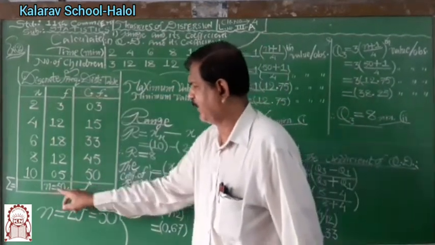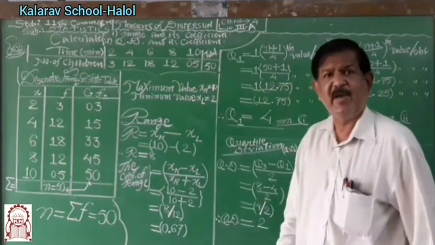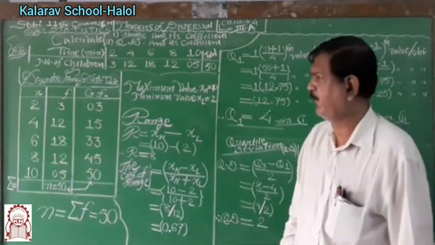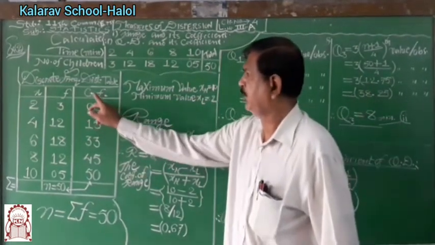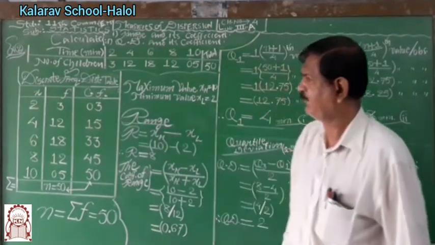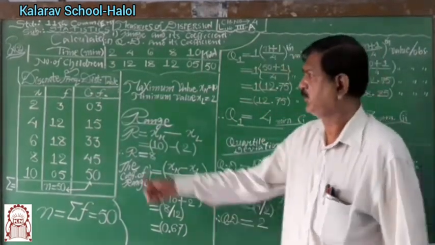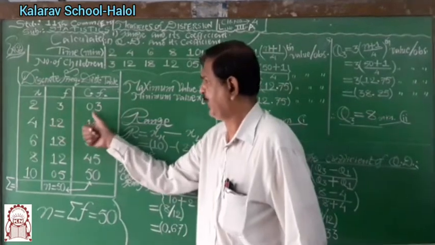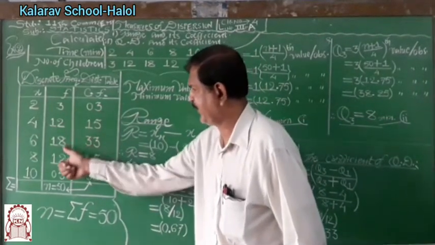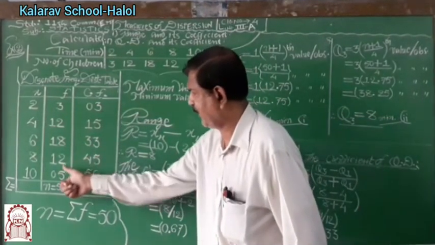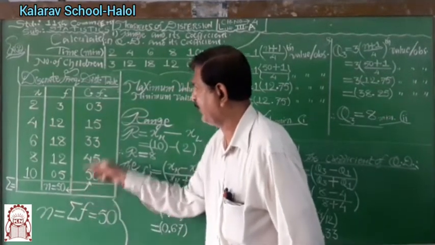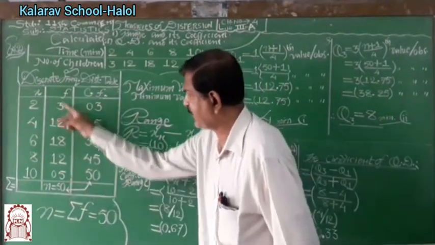Total frequency n equals 50. Cumulative frequency: 3, 3 plus 12 is 15, 15 plus 18 is 33, 33 plus 12 is 45, 45 plus 5 is 50. The last cumulative frequency is the total frequency.